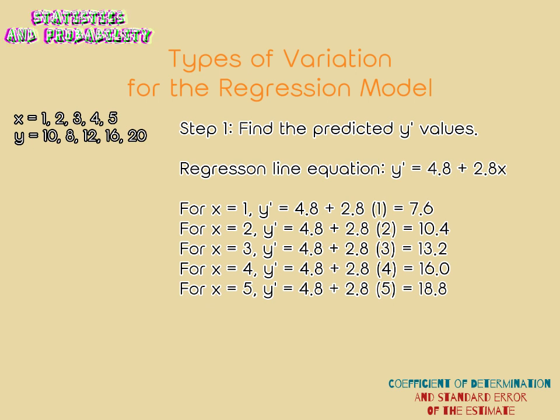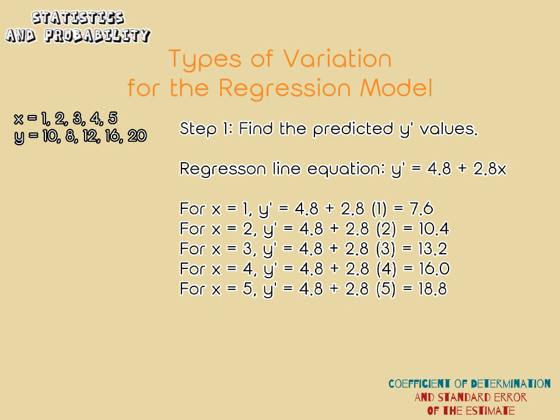For x equals 1, y prime equals 4.8 plus 2.8 times 1, which is equal to 7.6. For x equals 2, y prime equals 4.8 plus 2.8 times 2, which is equal to 10.4. For x equals 3, y prime equals 4.8 plus 2.8 times 3, which is equal to 13.2.